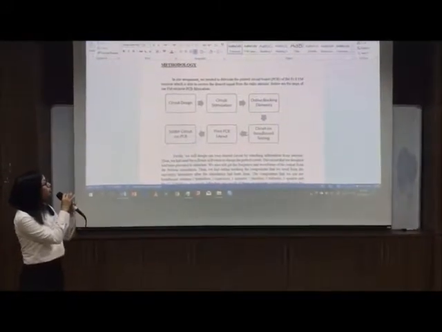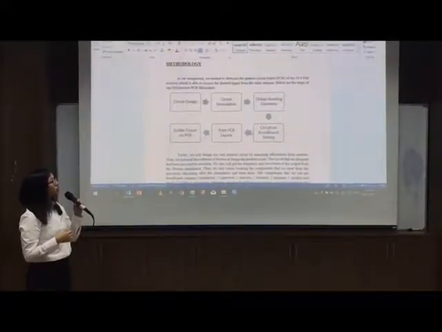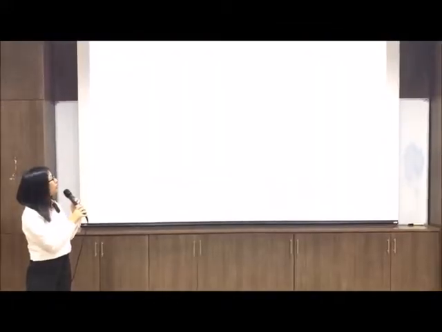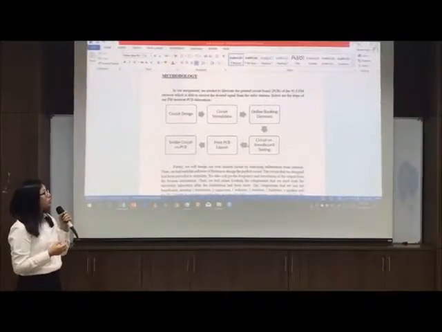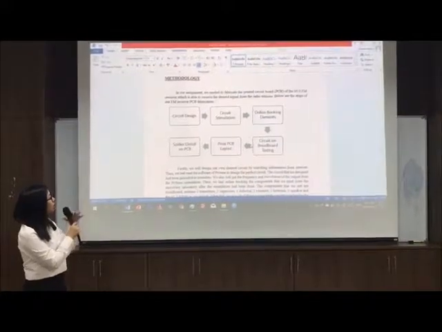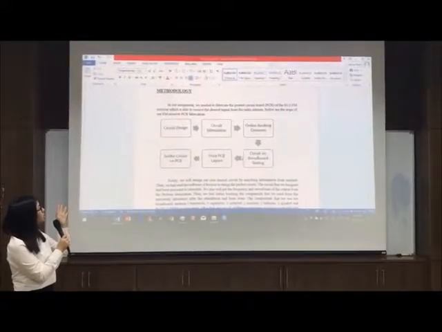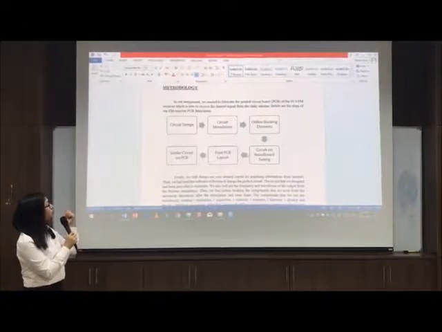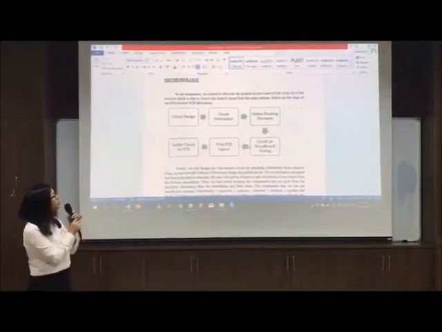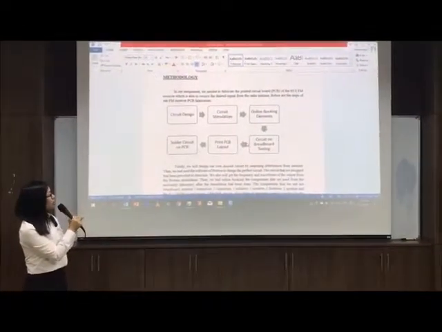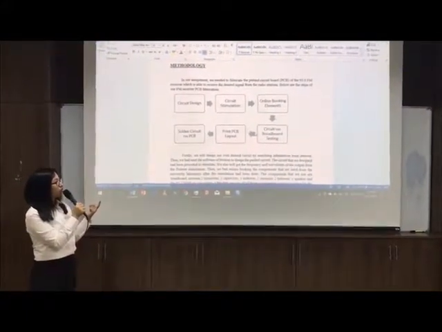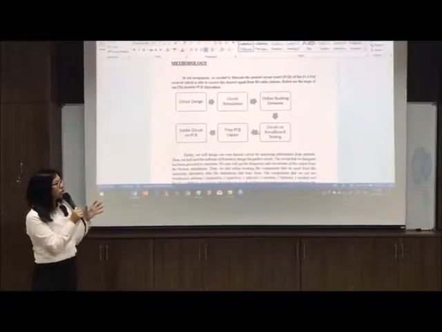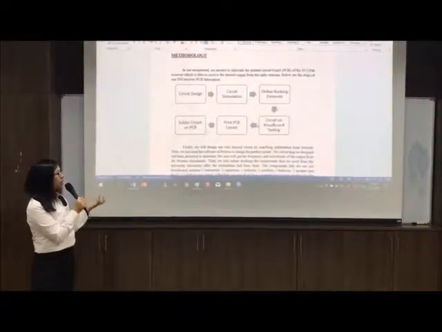I will present the methodology. First, we need to fabricate the PCB of the 93 FM receiver, which can receive the desired signal from the radio station. Below are the diagrams that show the steps to fabricate our FM receiver PCB. The first one, we need to design the circuit. The second is to simulate the circuit, and then we need to book our elements online, such as the inductor, capacitor, transistor.